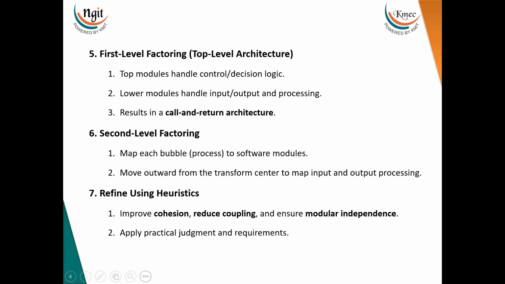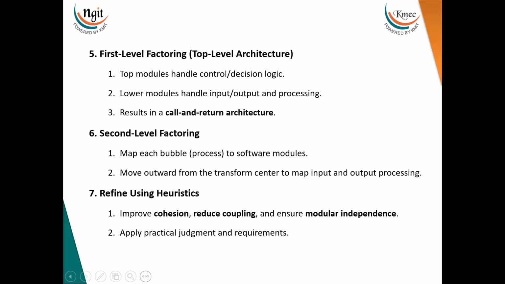The second level factoring is accomplished by mapping the individual transforms, which we call bubbles or processes of the data flow diagram, into some appropriate modules within the architecture. The second level factoring will illustrate a one-to-one mapping between the DFDs.